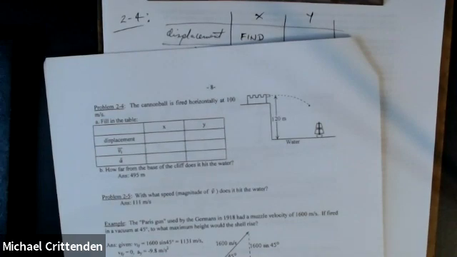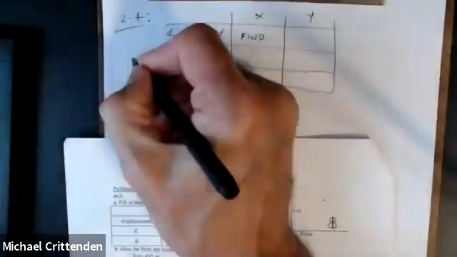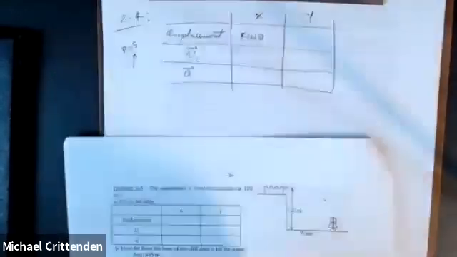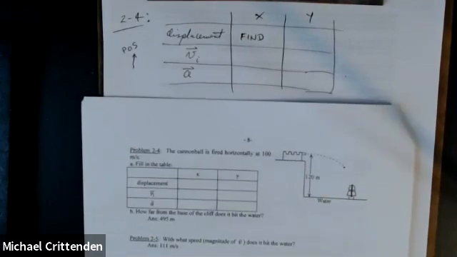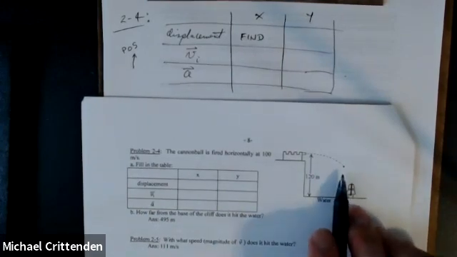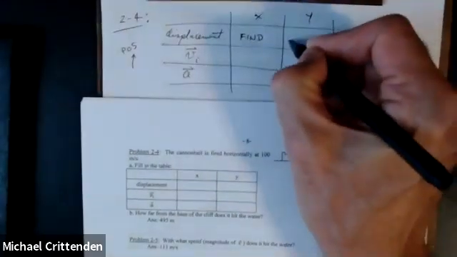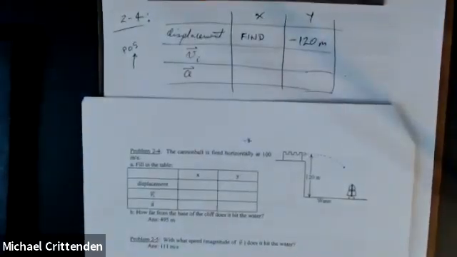There might actually be some advantages to saying down is positive here, but there's nothing wrong with doing it the conventional way either. So that's the way I did it anyhow. If you want to do it the other way around, go for it. So if up is positive and the ball is displaced downward, then we want negative 120 meters for its displacement.